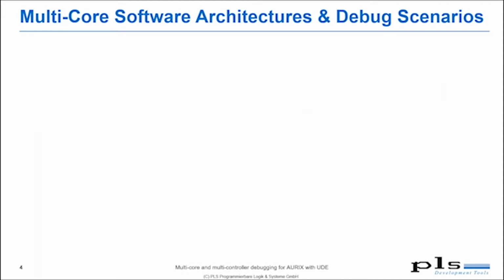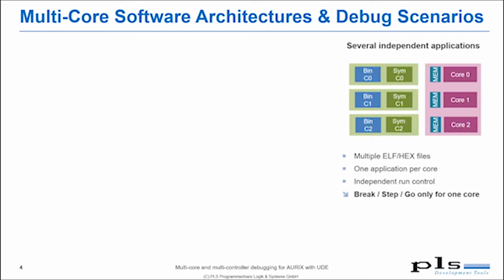Before we can start debugging an application, we need to know what the multi-core system architecture looks like and what the software architecture running on such a system looks like, because that has consequences for debugging. The simple software architecture that we know is certainly a single core application.